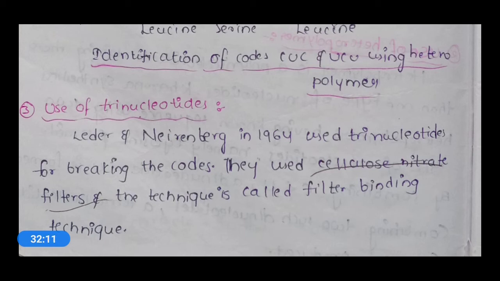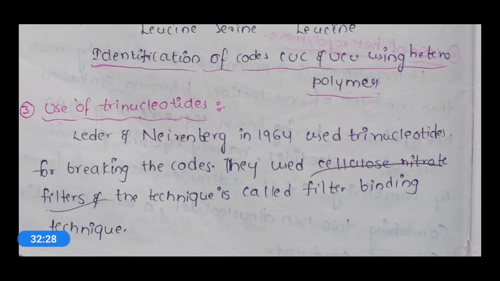Till now, Nirenberg is the major scientist who worked on this identification, or deciphering, of the genetic code.